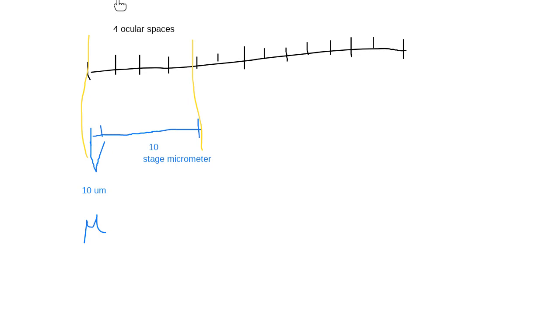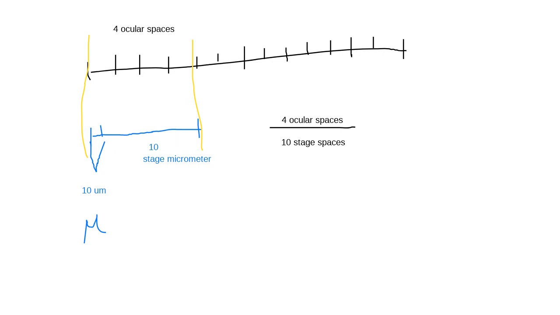So the way you would set this up is, there were 4 ocular spaces. They correspond to 10 stage spaces.